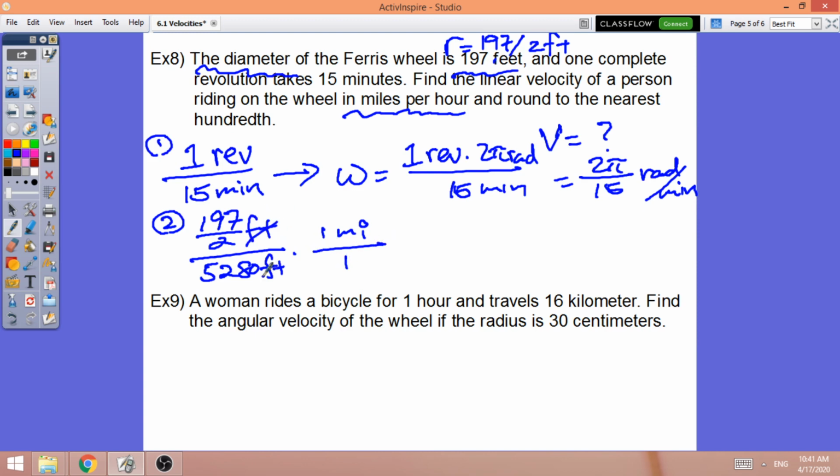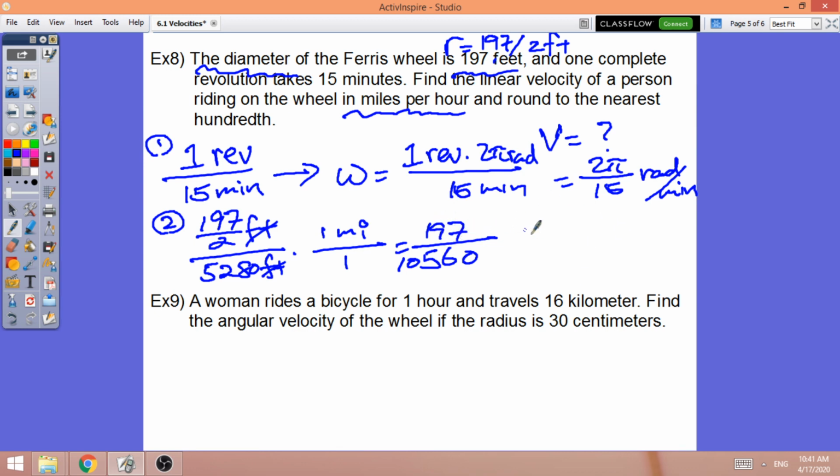Okay, so the unit got canceled, so it's 197 divided by 2 times 5,280. So 2 times 0, bring it down. 2 times 8, 16. So 2 times 2, 4, plus 1, 5. 2 times 5, 10. So it's 10,560.